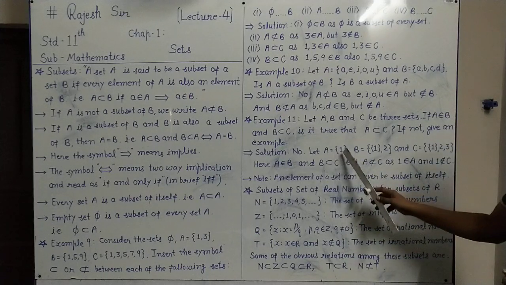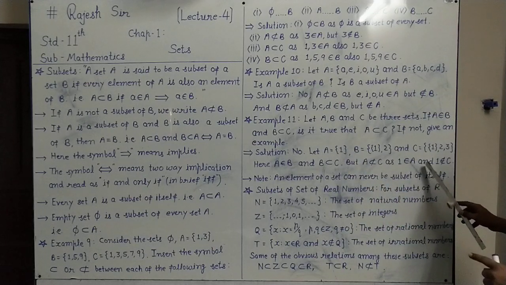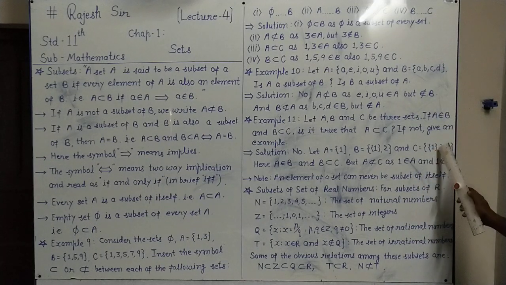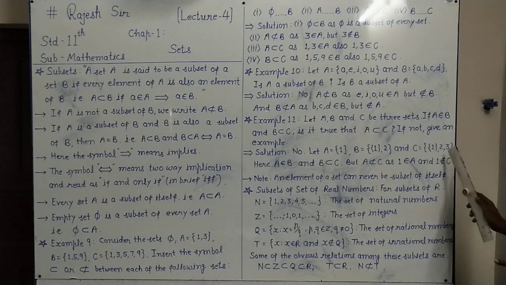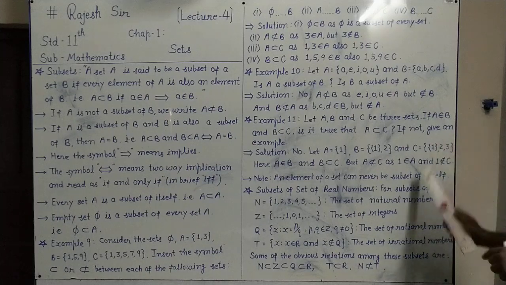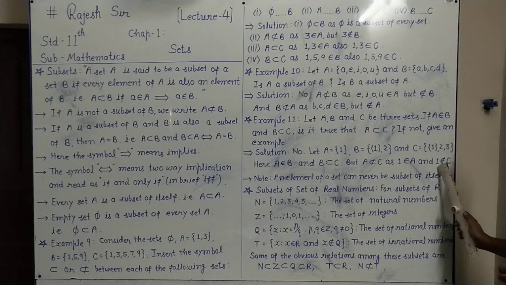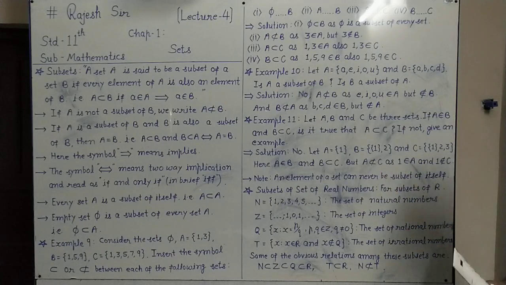Because in a there is element 1. 1 belongs to a, but 1 doesn't belong to c. You may see that 1 is there, but it is not 1, it is set 1 in the c. So 1 is not an element of c. Set 1 is an element of c. So 1 doesn't belong to c. 1 belongs to a, so a is not a subset of c.